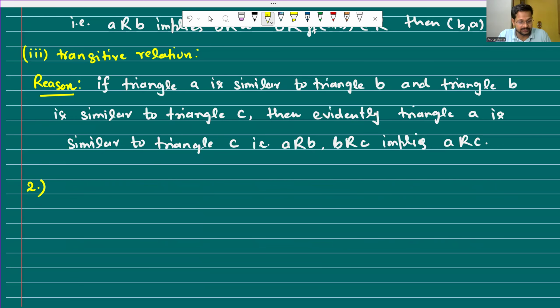So here we are just taking, let A be the set of all straight lines. A के अंदर सारे स्ट्रेट लाइंस का कलेक्शन है इन अ प्लेन.